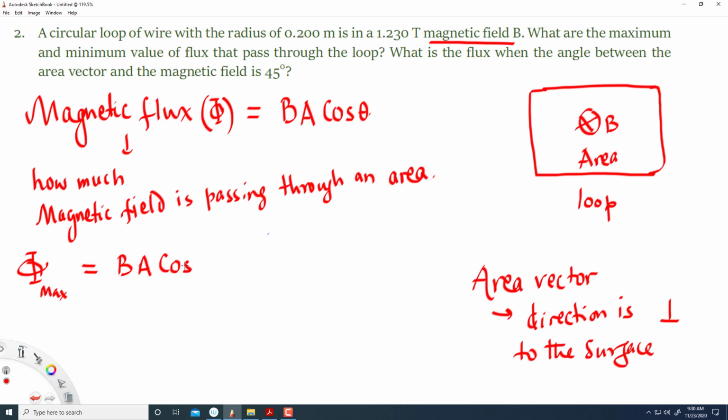B and A are parallel. Parallel means what's the angle? 0 degrees, right? You can also say 180, it would be just the difference of a minus sign. So whenever they are parallel, it is 0 degrees. Do not be confused with the area vector. Area vector is always perpendicular to the face. So they are in the same direction. That means the angle between B and A is 0 degrees.